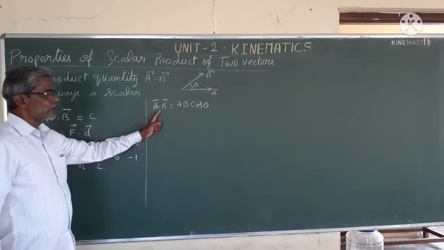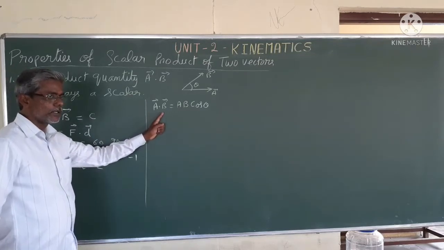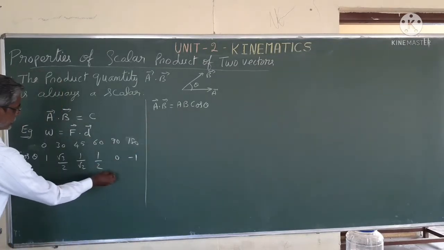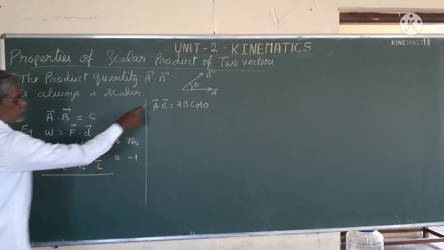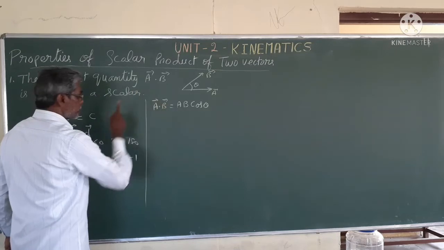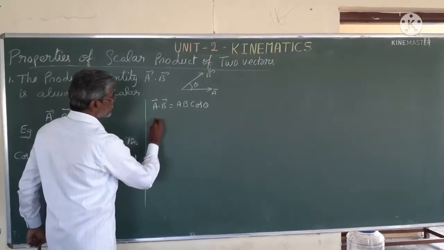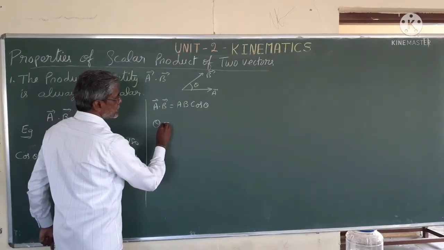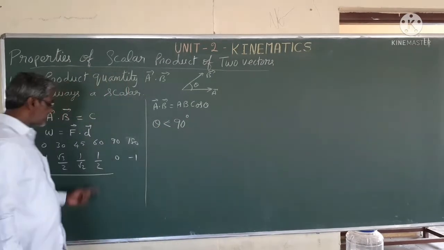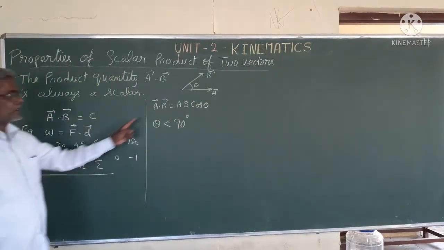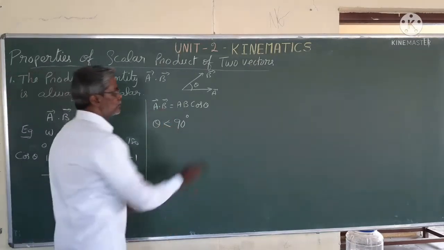This a vector dot b vector will be, see, all positive answers. So a dot b will be positive when theta is less than 90 degrees. When theta is less than 90 degrees, a dot b will be what? Positive.